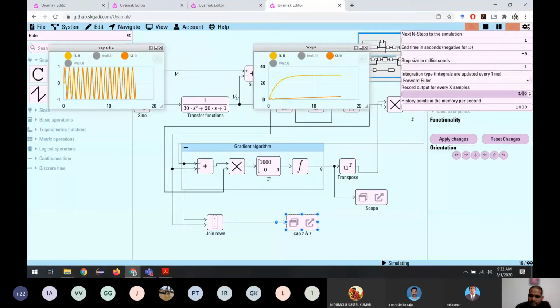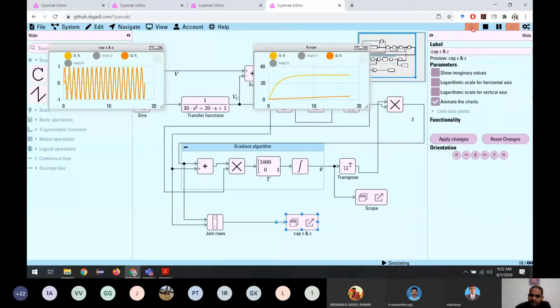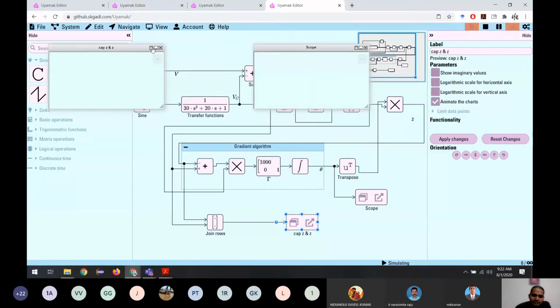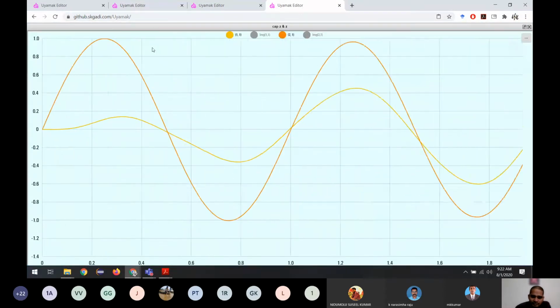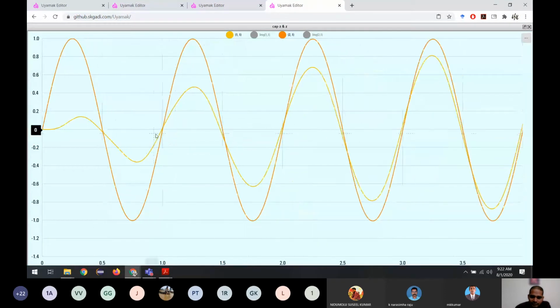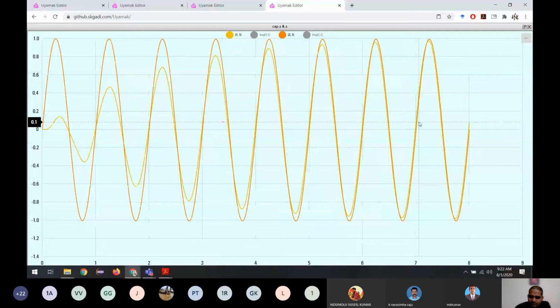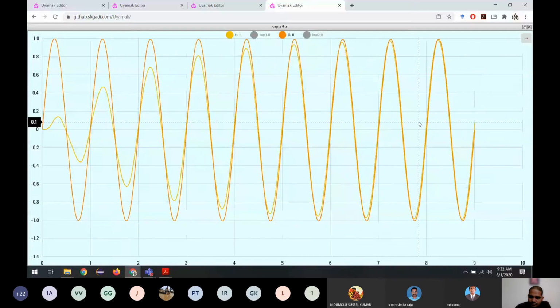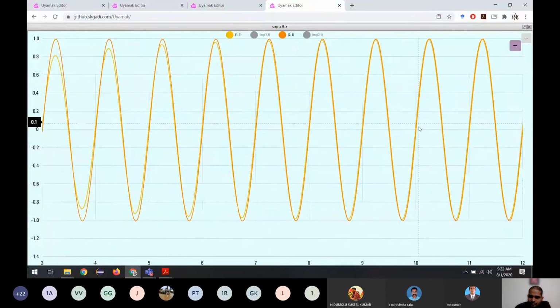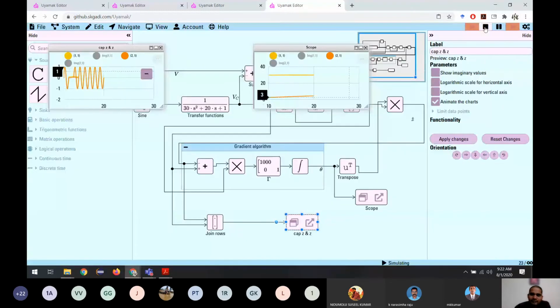Let me give more values so that we can see it with better accuracy. Initially they are very much different, but as time goes, we are getting much closer values. From this point, both are somewhat similar, but not exactly the same. So it will take more time to estimate. After a certain time, it will reach.